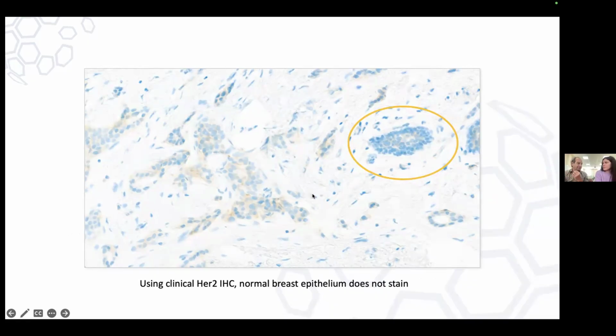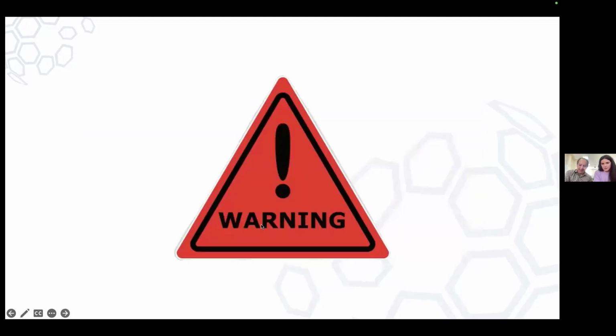But in this realm of HER2 low, that's a bit of a dangerous game, because now we are trying to interpret tests at the limit of detection, where a butterfly wing fluttering will change the outcome. So that's very dangerous.